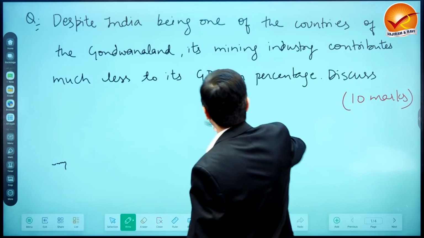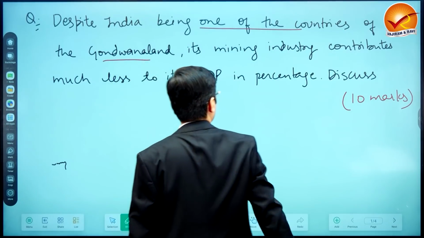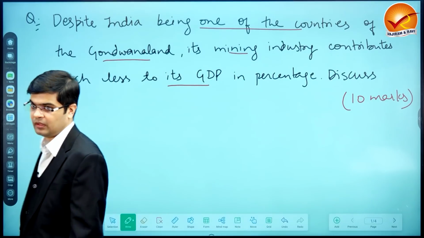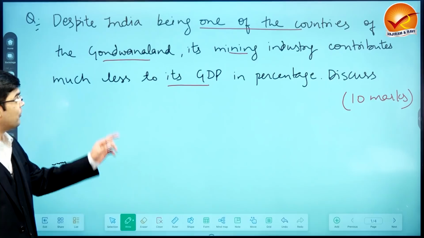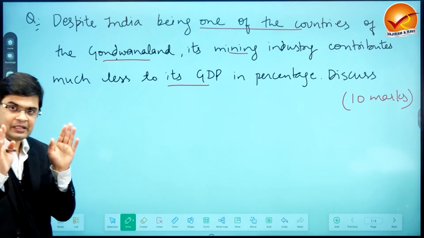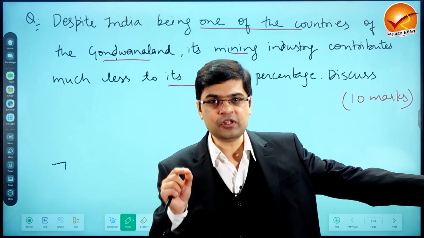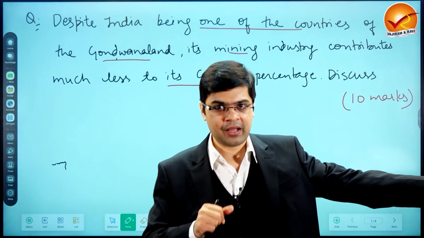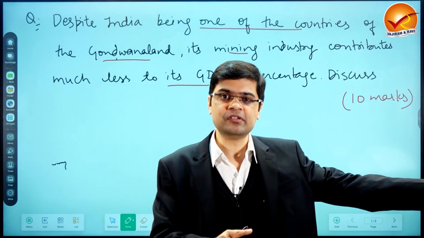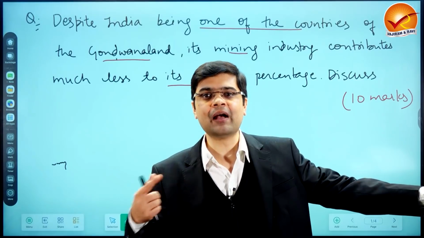Again, look at the keywords. One of the countries of Gondwana land, mining contributing less to its GDP. When the examiner is saying one of the countries of Gondwana land, the examiner is basically telling you that there are other countries which were part of Gondwana land, that ancient landmass, and in those countries, the share of the mining industry to the GDP is much more than what we have in India.